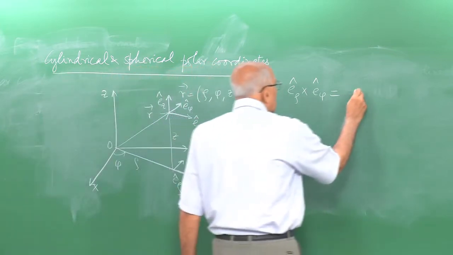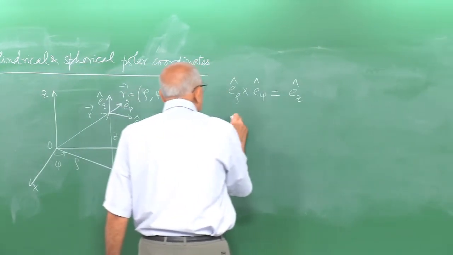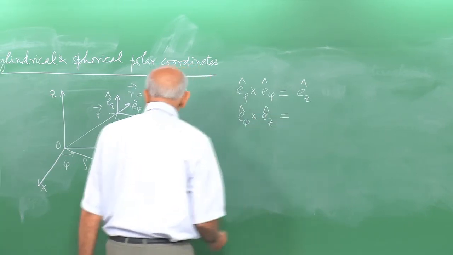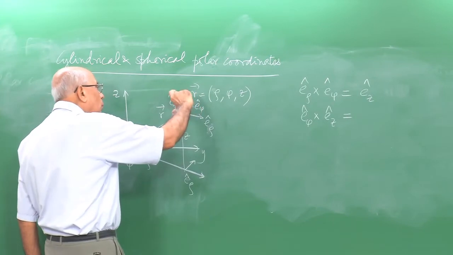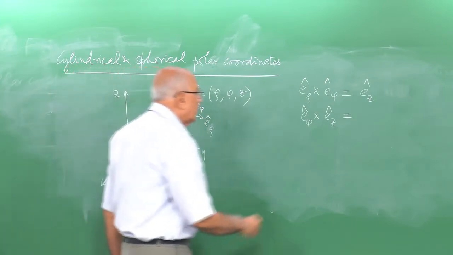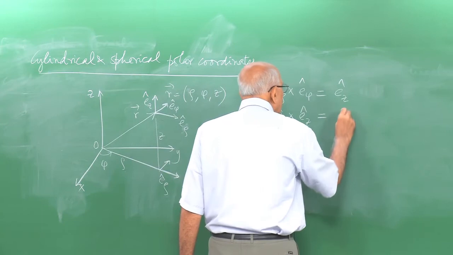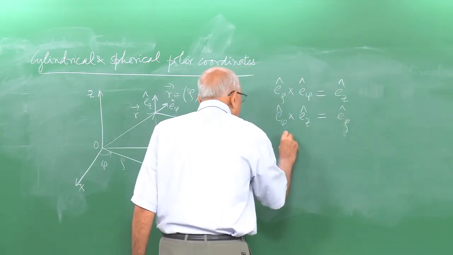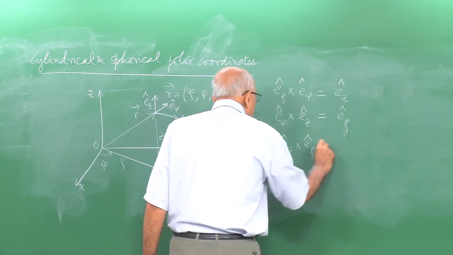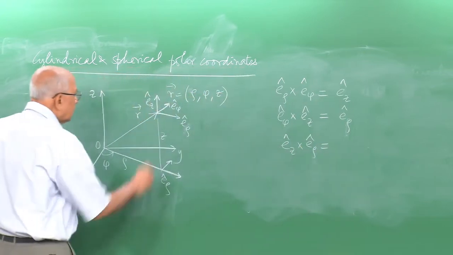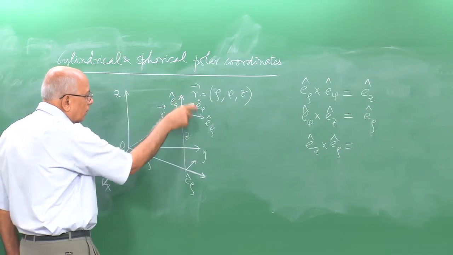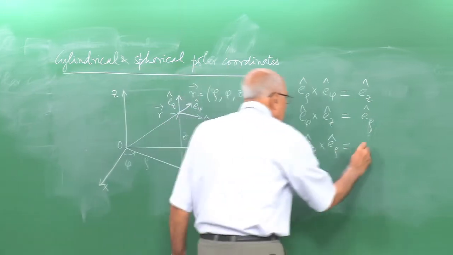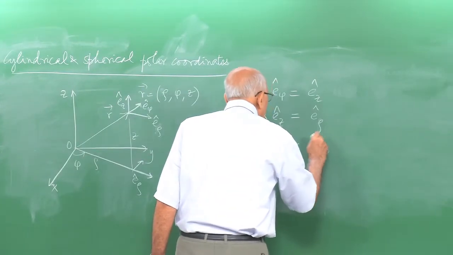So this is equal to Ez, and similarly E phi cross Ez is equal to, so from phi you move to rho, the screwdriver moves out along E rho, and finally Ez cross E rho must be equal to E phi. And let's check this. Drive a screwdriver from z to rho, rotate, and it moves into the plane of the blackboard, which is E phi in this fashion.